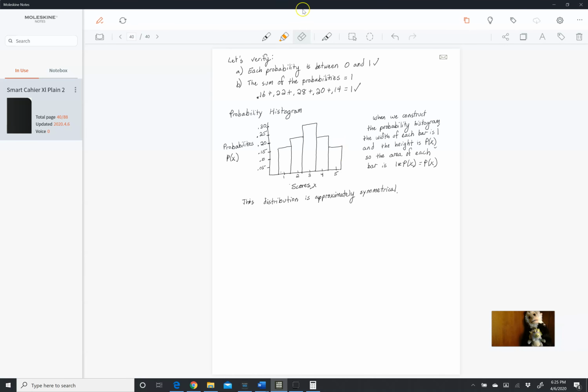Okay, let's do another one. Let's say that this time we're looking at the number of overtime hours used by employees.